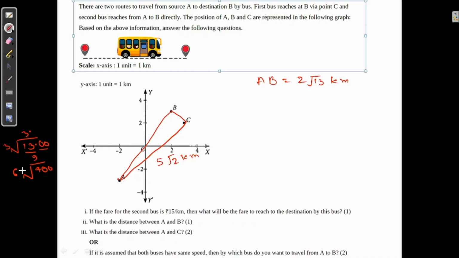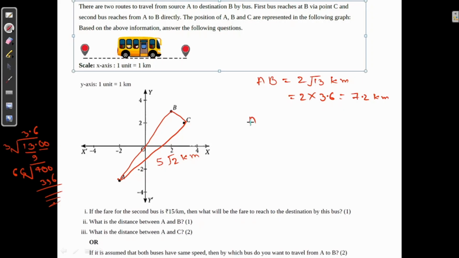So 6 5s are 30, 6 7s are 42, 7 will be more. I think 6 6s are 36. Yes, correct. 6 times we can divide. 6 6s are 36. 6 carries 3. 6 6s are 36 and 3 is 39. Ignore all the things. Just keep 3.6. So the value of root 13 is 3.6. It is approximately 7.2 kilometer.